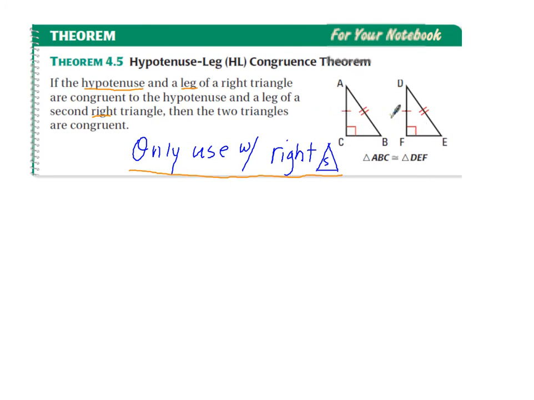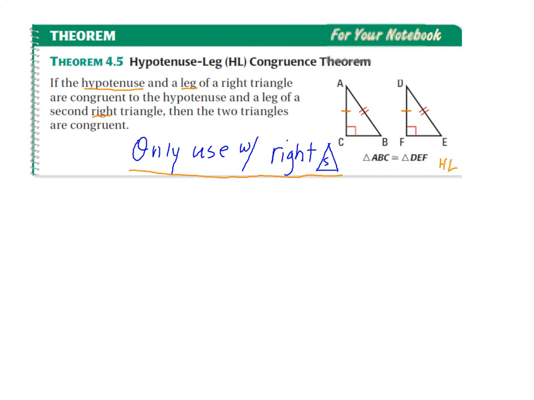This leg is congruent between the two triangles, so AC is congruent to DF. And then finally, the two hypotenuses are congruent. So we can say these are congruent by the HL, or hypotenuse leg theorem.